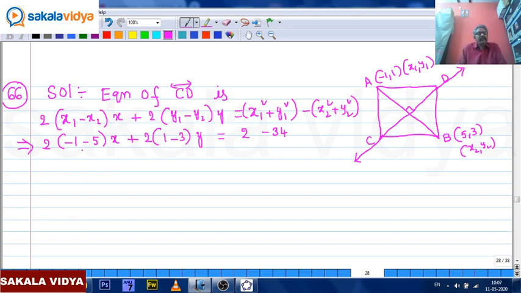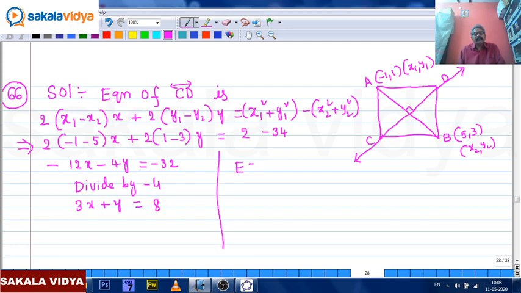So this will be minus 12x minus 4y equals minus 32. Divide by minus 4, so we get 3x plus y equals 8. Therefore the equation of CD diagonal is 3x plus y minus 8 equals 0.